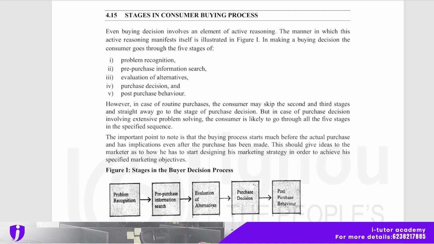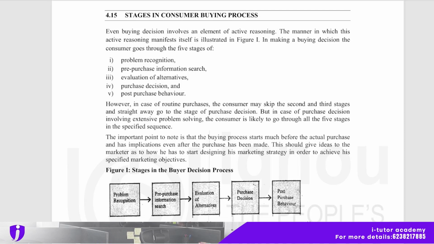Every buying decision involves an element of active reasoning. The manner in which this active reasoning manifests itself is illustrated in figure 1. Here is figure 1, stages in buyer decision process: problem recognition, pre-purchase information search, evaluation of alternatives, purchase decision, post-purchase behavior. These are the steps under stages in consumer buying process, right?